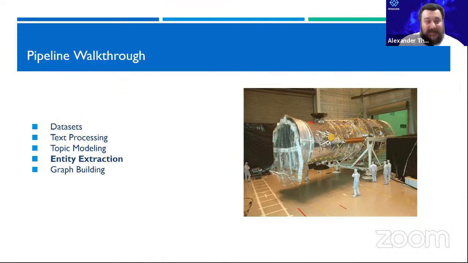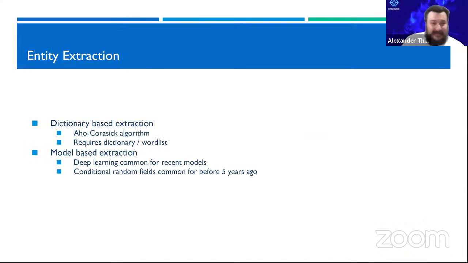So let's go on to entity extraction. As we mentioned, there are two basic approaches: dictionary-based extraction and model-based extraction. Dictionary-based extraction, at least the one we're using here, uses the Aho-Corasick algorithm.